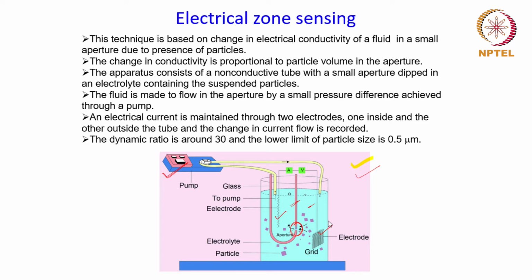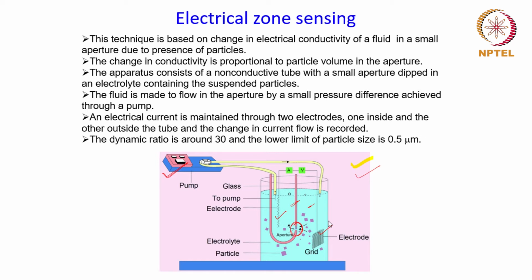Through this, the change in the current flow is recorded, and from there the change in the conductivity can be obtained, and that is finally used to calculate the size of the particles. The dynamic range that can be obtained from this technique is around 30, and the lower limit of particle size that can be determined by this technique is 0.5 micrometer.